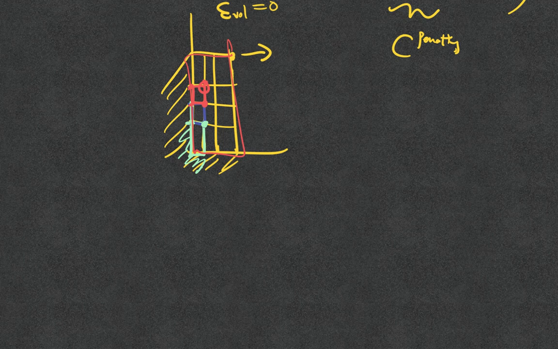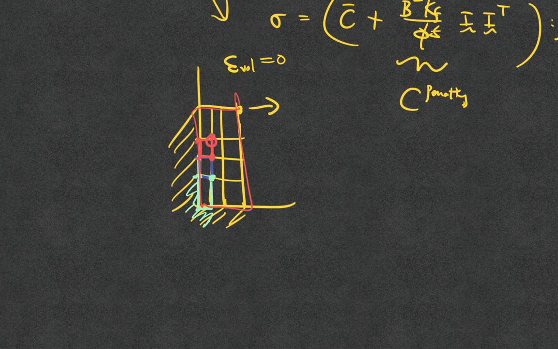Can I move now? How about I use a higher order polynomial? I definitely can move now. This is called the locking phenomenon, and that can cause incorrect solutions.